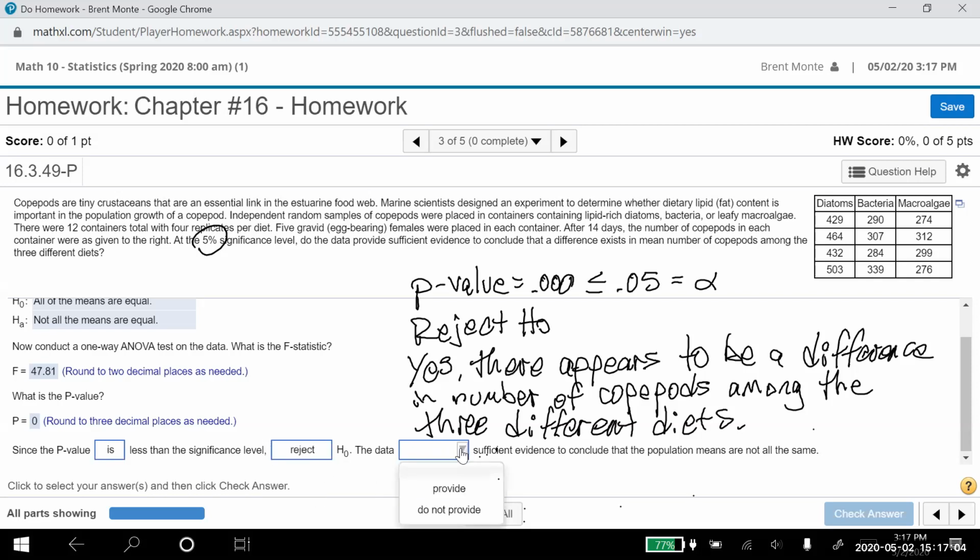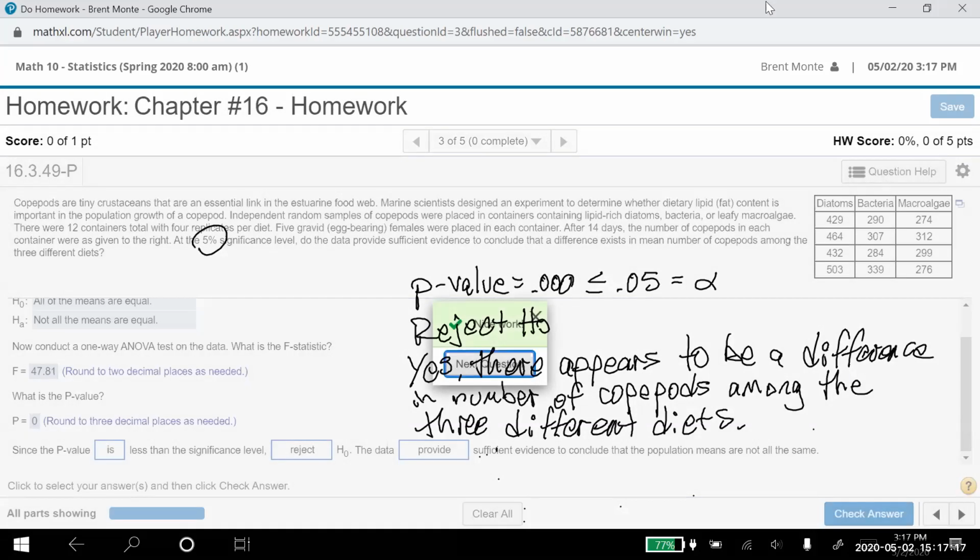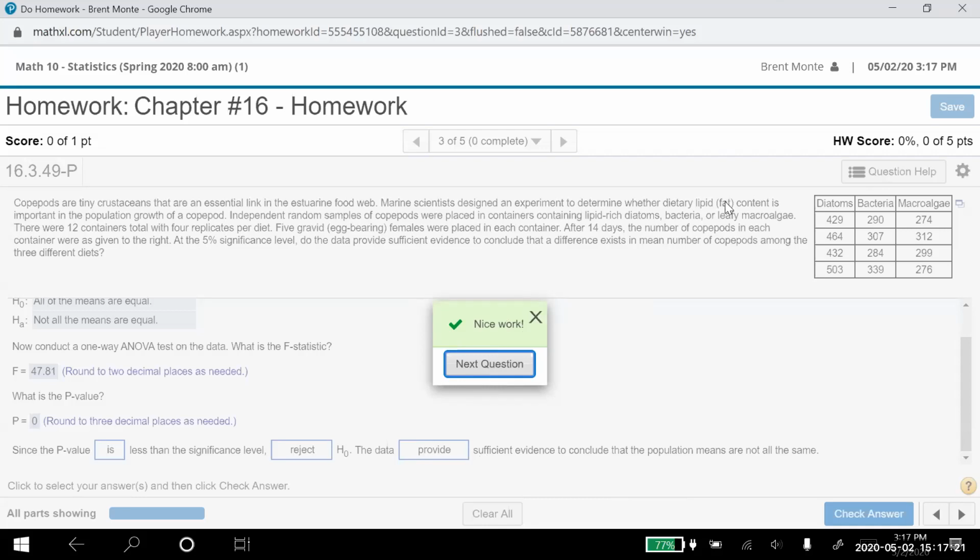The data provides sufficient evidence to conclude that the population means are not all the same. Simple as that. We'll check the answer, and notice we got the answer right. It's as simple as that.